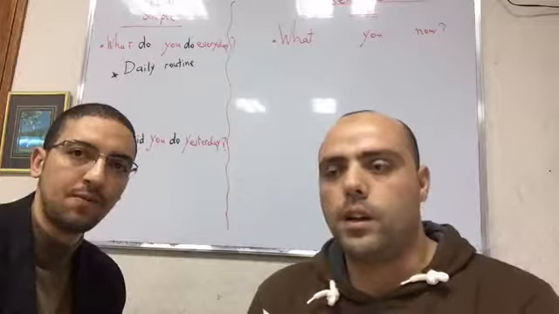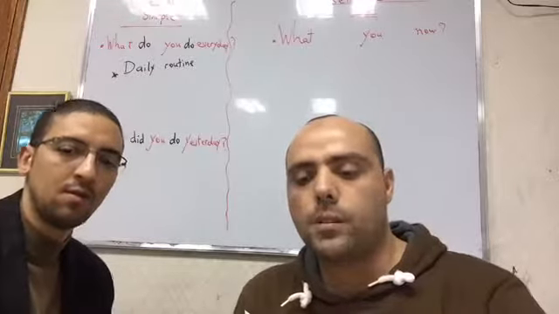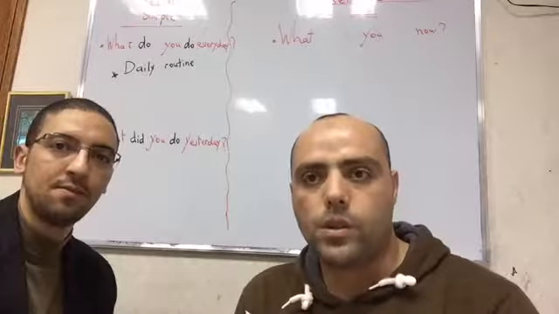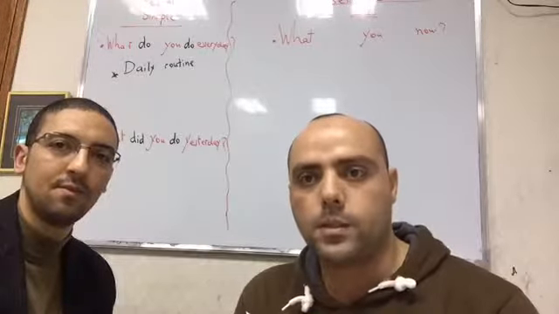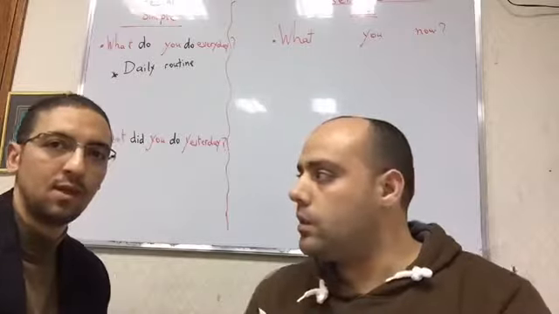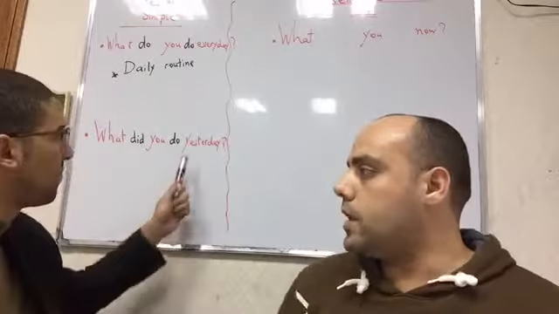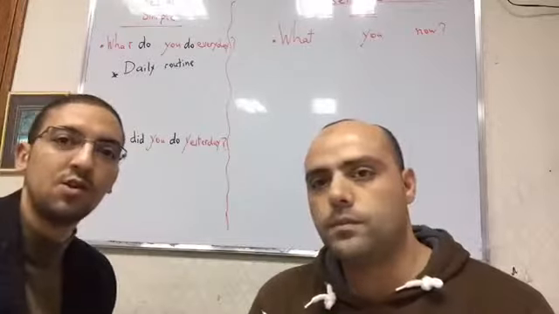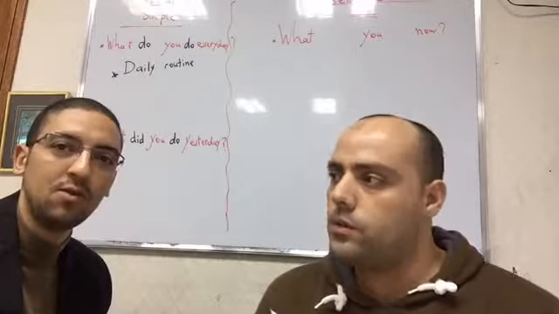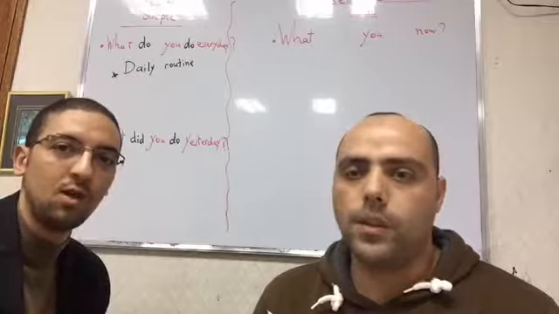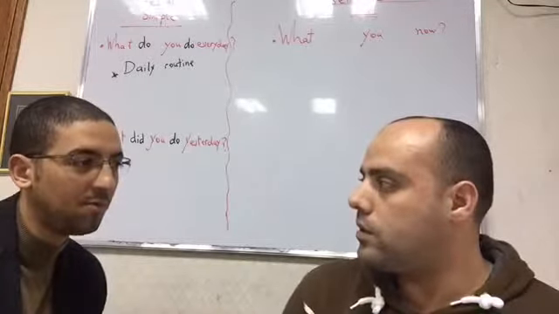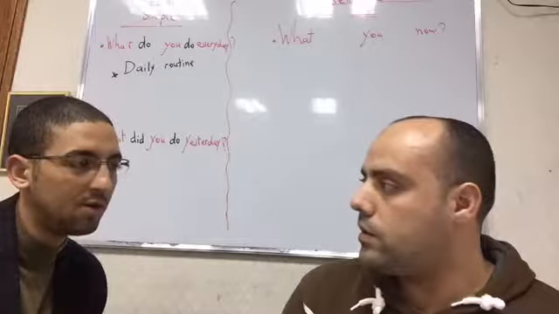If you want to talk about the past, or an action that happened and ended in the past, of course you need to use the past simple tense. For example, what did you do yesterday, Mr. Ahmed? I went to the supermarket. Or I can talk about my day yesterday, since I woke up until I went to bed.